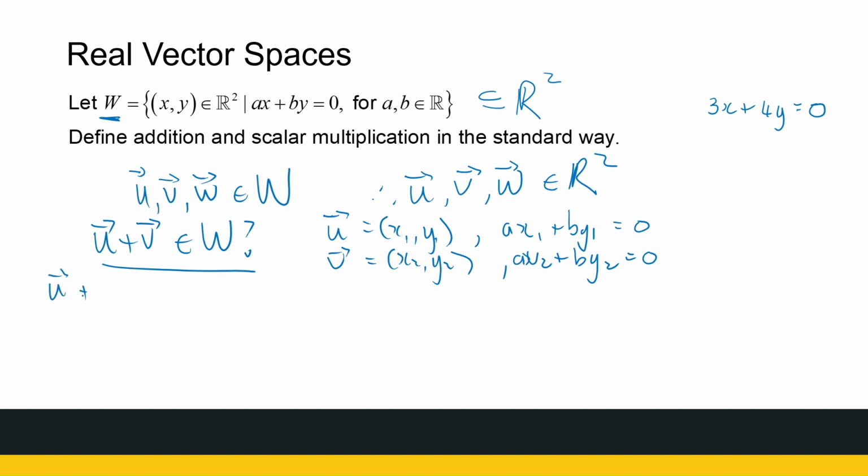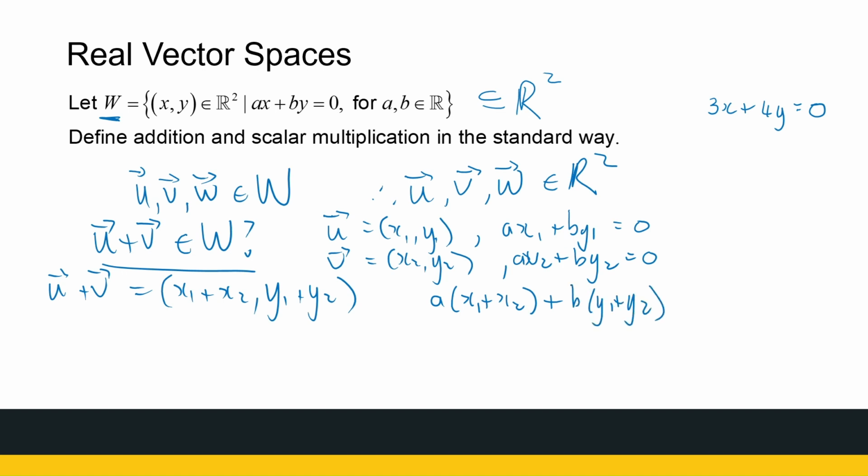Well, u + v will be addition in the standard way, so it'll be (x1 + x2, y1 + y2). So will this condition hold? What happens if I take a(x1 + x2) and add to that b(y1 + y2)? I want that to be 0. Is it 0? Well, that is ax1 + ax2 + by1 + by2. And I know from the fact that they're both in W that by reordering, I will end up in 0. So u + v is an element in W. So W is closed under addition.